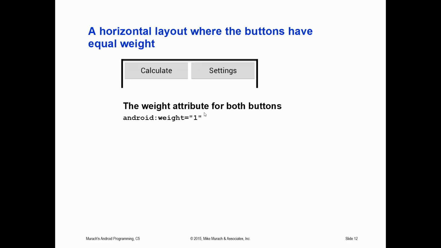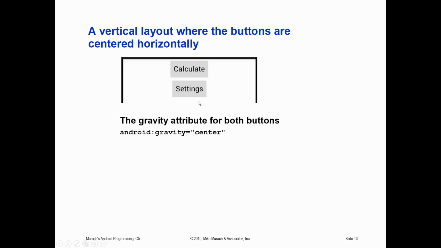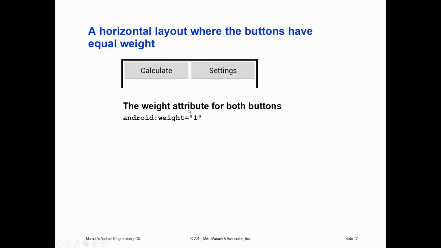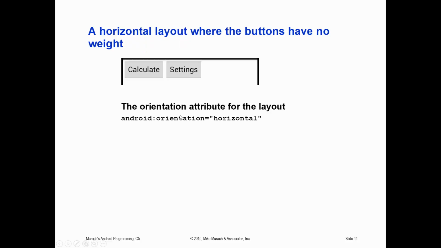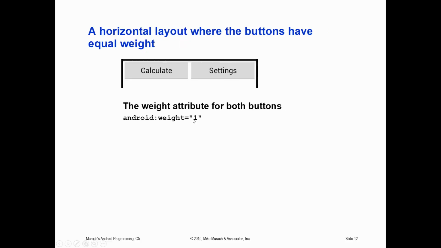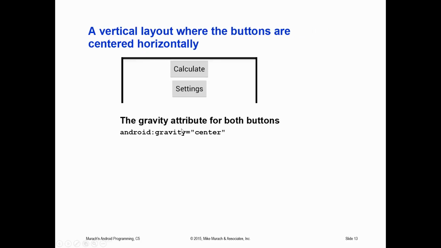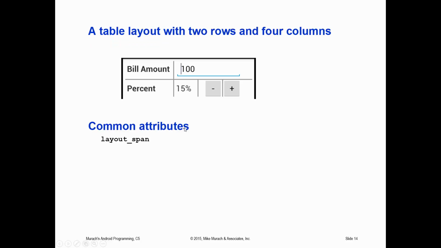Here, both of these are given a weight of 1. Since they're both given a weight of 1, they're both going to be the same size. In this third example, we used the gravity setting to tell it to center the buttons. So you can also use this stuff in combination with each other. So I can make the orientation horizontal, the weight 1, and the gravity center, for example. There's a lot of ways that this can be done.